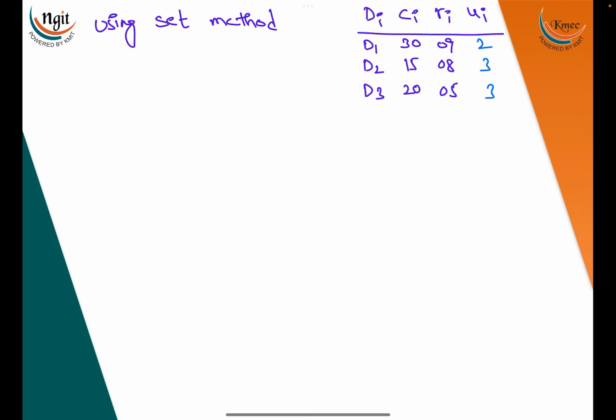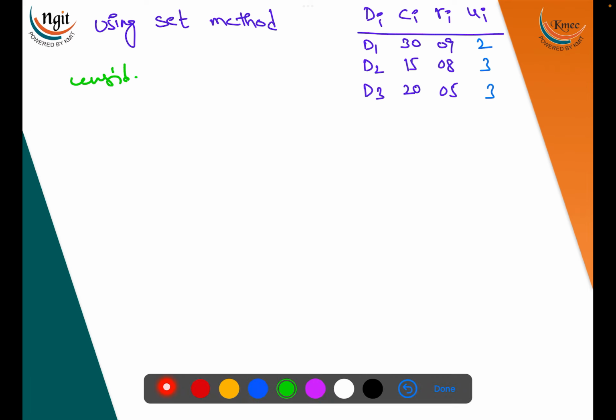Now consider the second device, which has 3 copies. I am taking the first copy, with reliability value 0.8.